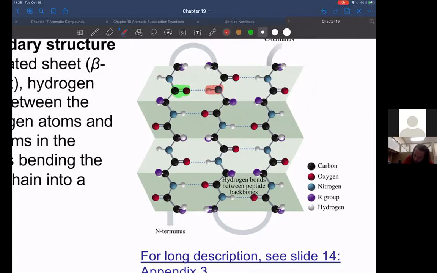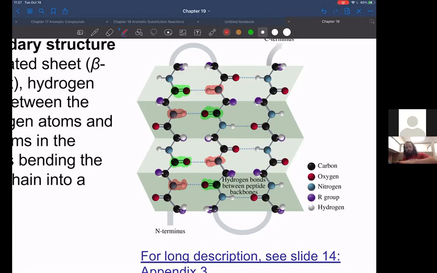Likewise, then we move one down and now it's reversed. We've got that hydrogen on the nitrogen hydrogen bonding with the carbonyl carbon, et cetera, going down the line. Okay. And what you see is now the R groups are sort of sticking out of the plane of this sheet, right?